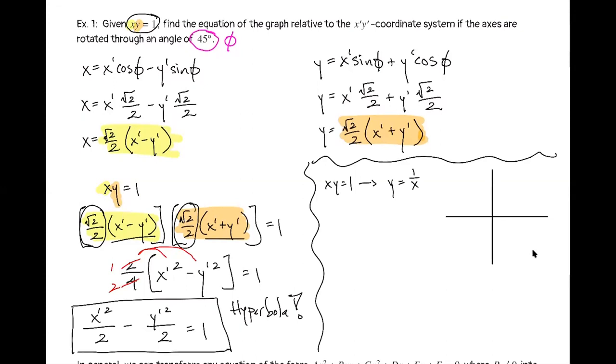You've got a graph that looks like one branch here and one branch here.